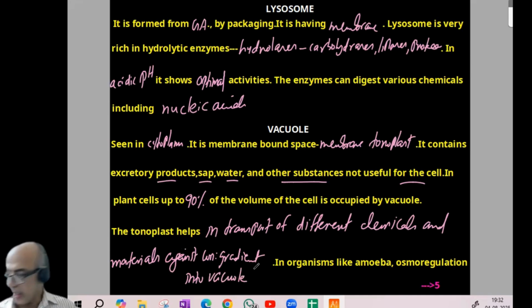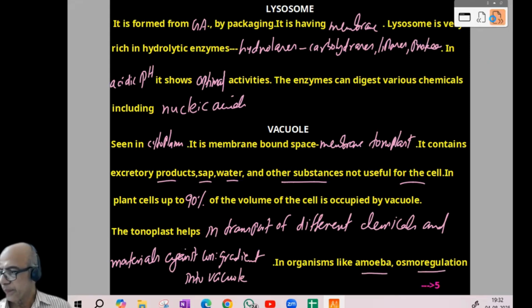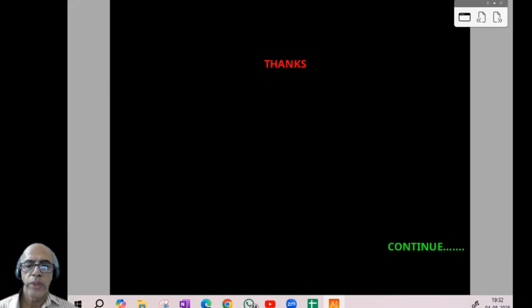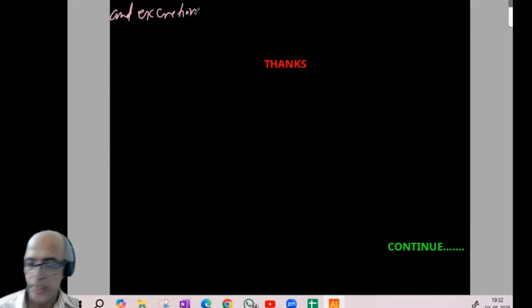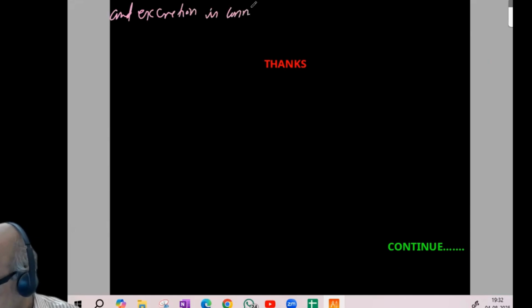In organisms like amoeba, osmoregulation, that is one function, and excretion, that is another function, is connected with the contractile vacuole.